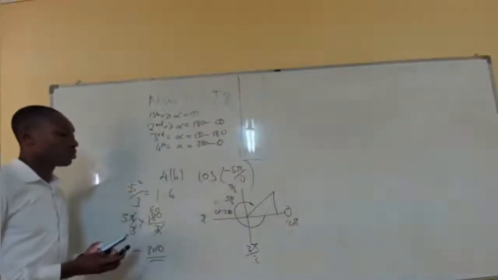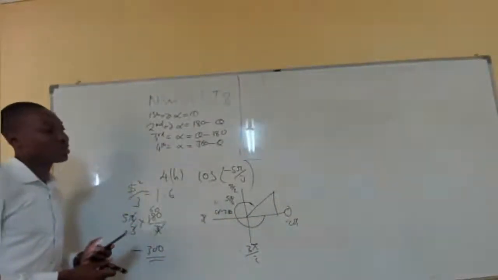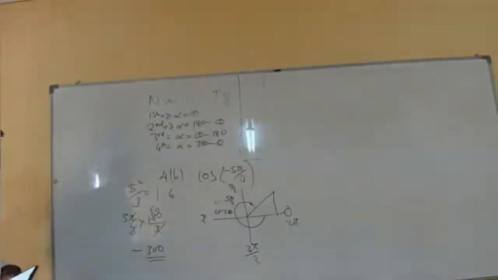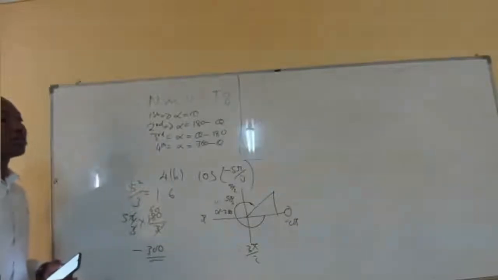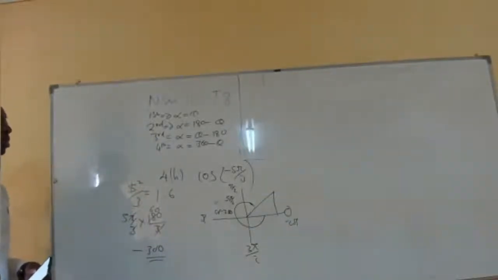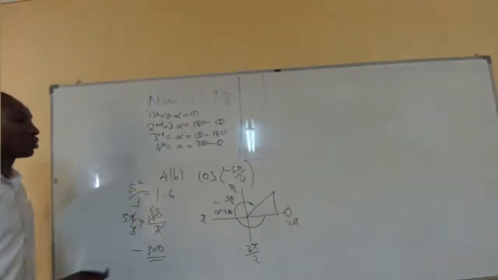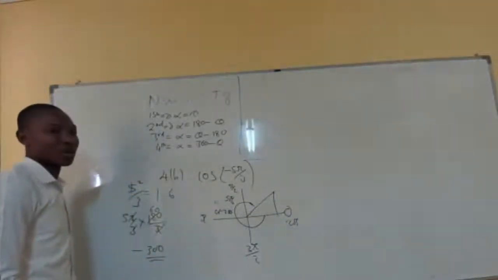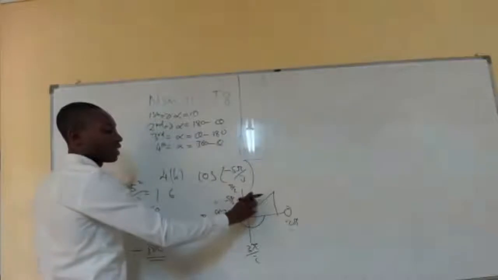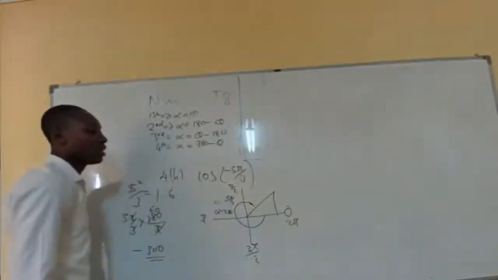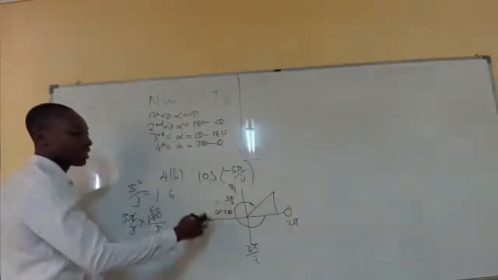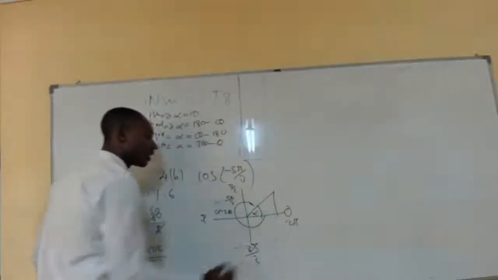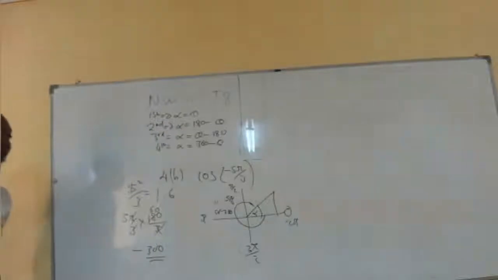In this quadrant, we know that theta and alpha are the same. Since this angle is beyond 360, it's like saying 360 minus 300. So this is the alpha you're looking for, which is 60 degrees.